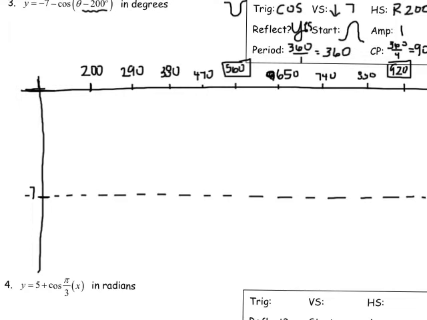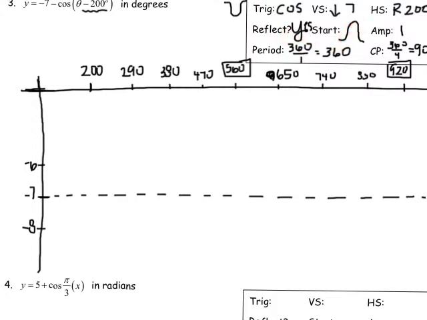And my amplitude, I need to go up 1 and down 1. And I'm ready to start. So cosine usually starts at the top, but because I reflected, now I'm going to start at the bottom.